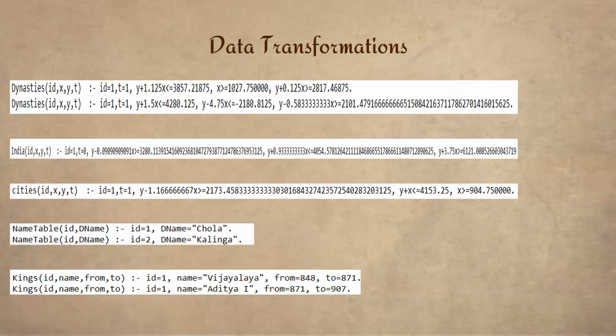The name table here joins the dynasty with its name by using ID as a foreign key. And also with the king table, the ID in the king's table is also a foreign key of dynasties and name table. So name represents the king name, and from and to represent the king's tenure.